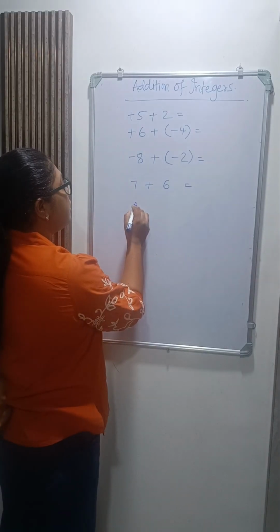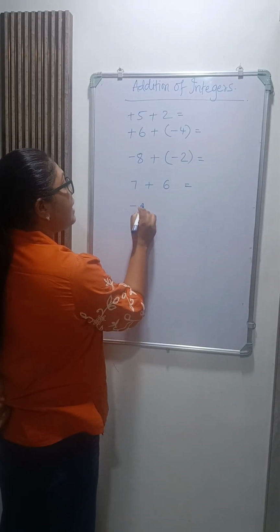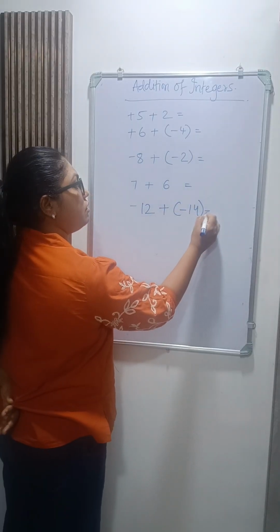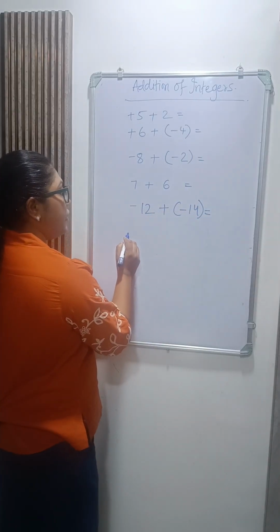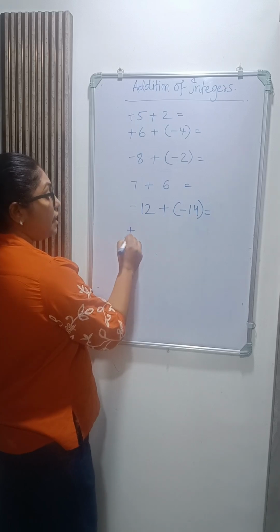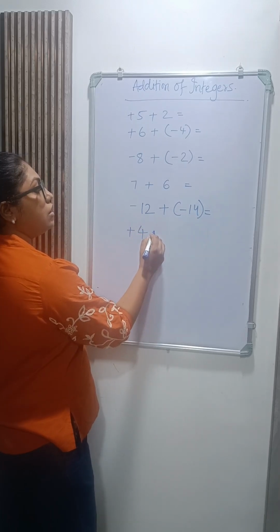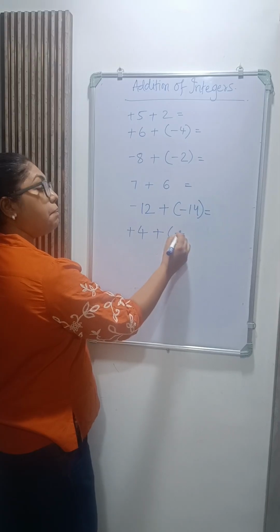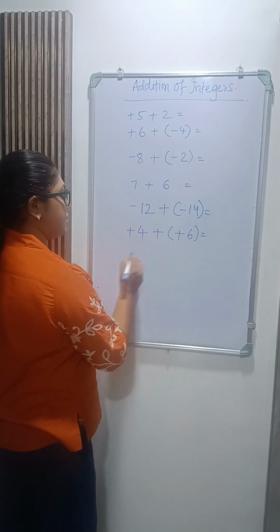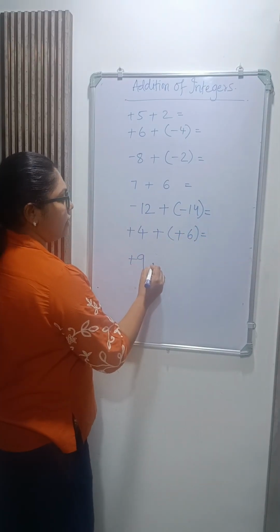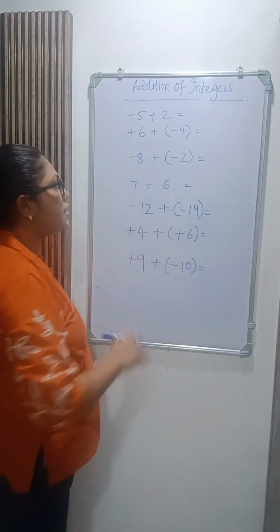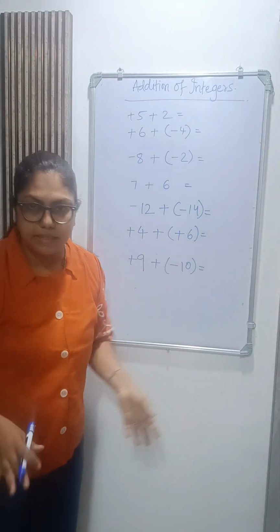Then minus 12 plus minus 14. Then plus 4 plus 6. Plus 9 plus minus 10. Okay, so these are some examples I have randomly taken.